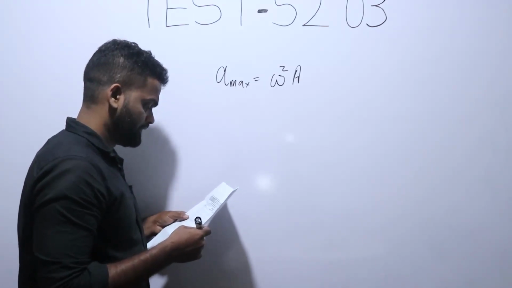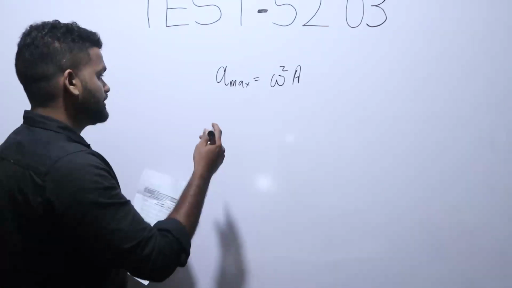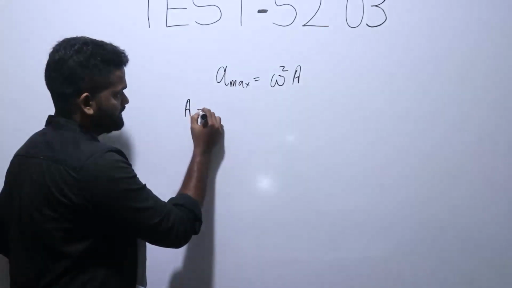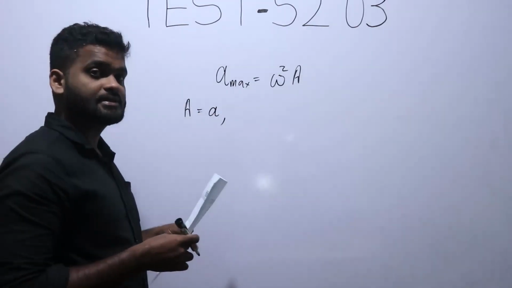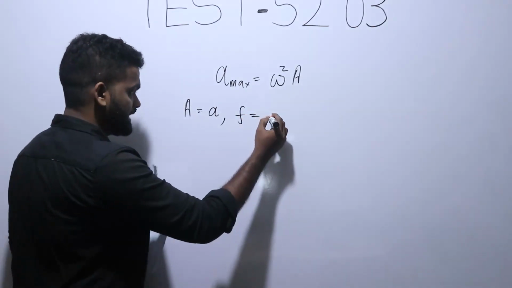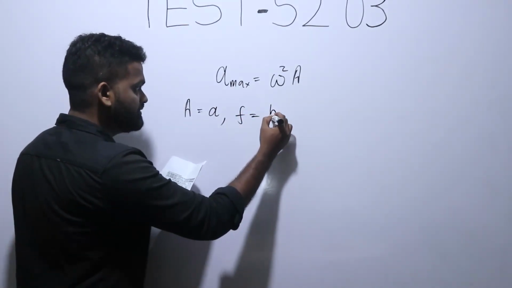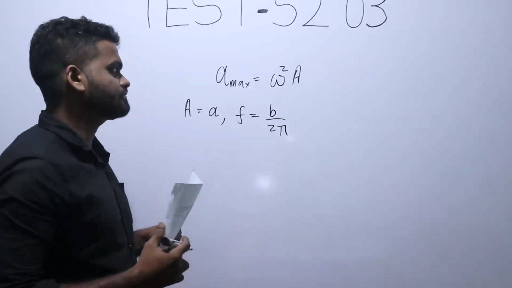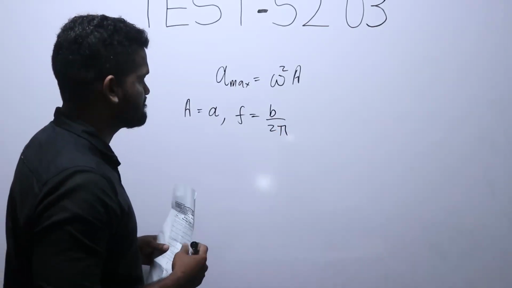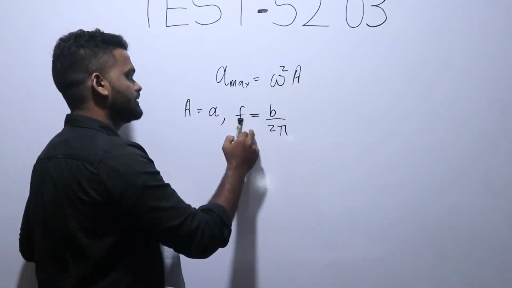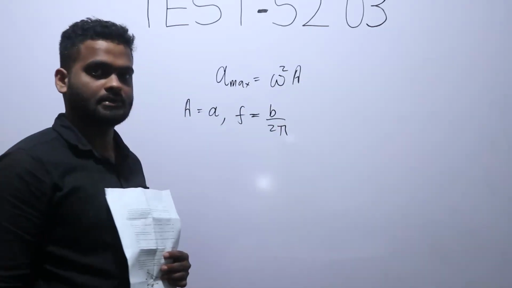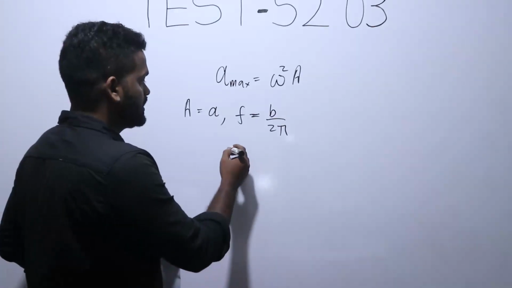Okay, they say the amplitude, capital A, is simple a, and the frequency is given as b divided by 2 pi. Right. So here we have amplitude, we need an expression for omega.